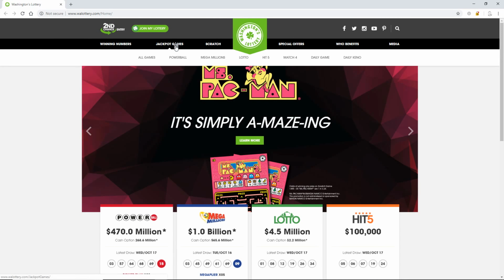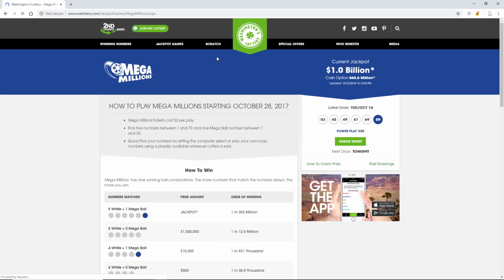And so what we'll do is I'll go into Mega Millions, and we will look at how you play. So basically, it costs us $2 to play Mega Millions, and Mega Millions is in almost every state. There's a bunch of states combined together, and it's one drawing. So it's kind of a nationwide lottery, and it looks like they've expanded the numbers.